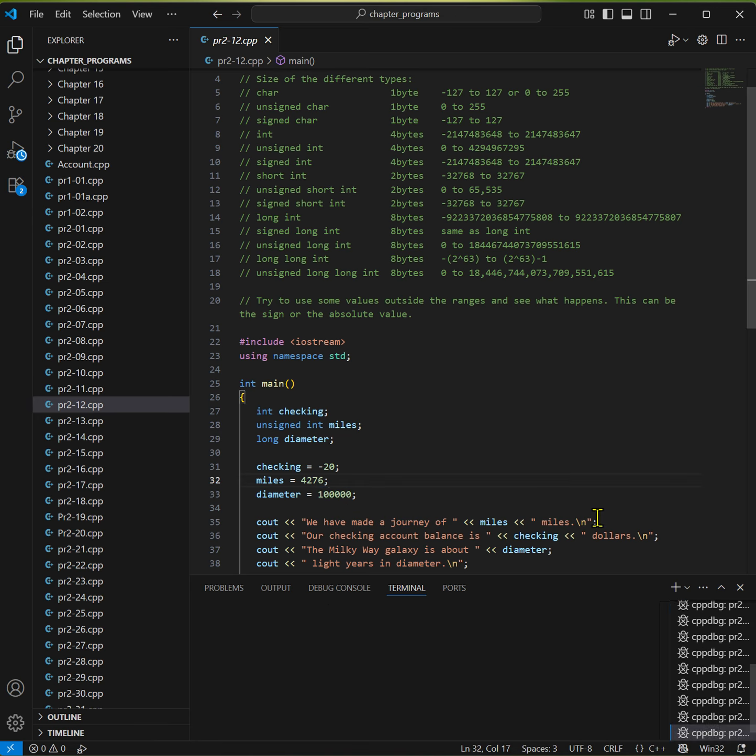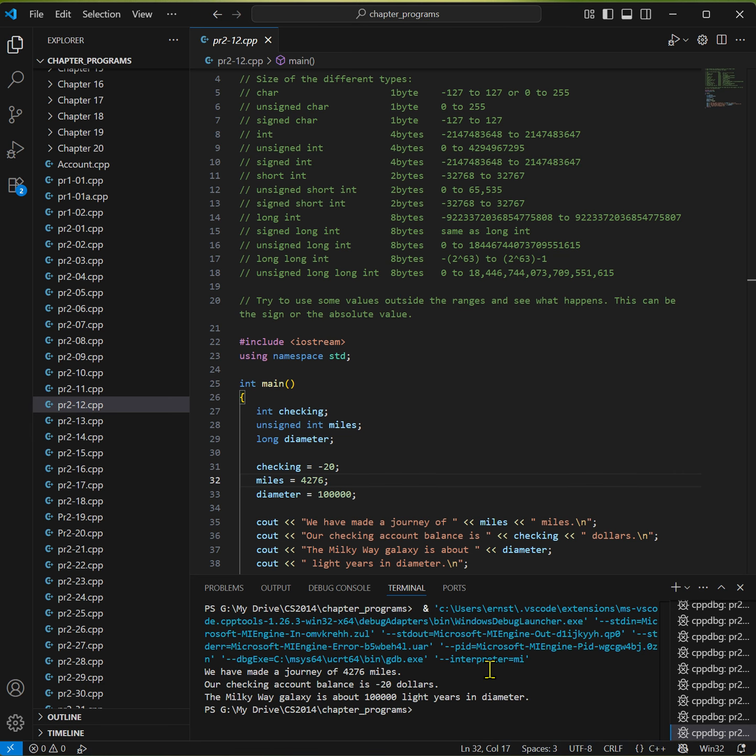So here we go, and let's run this and see if we can get the expected output. Okay, a journey of 4276 miles, that's correct. Checking account balance minus $20. That's correct over here.